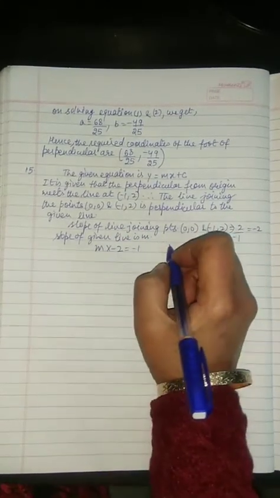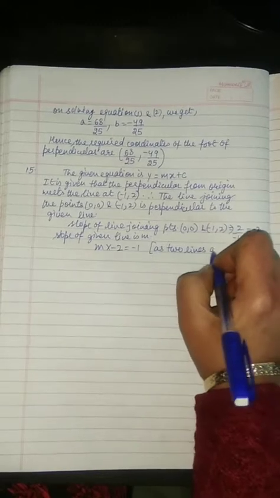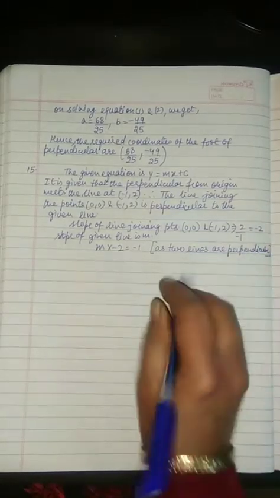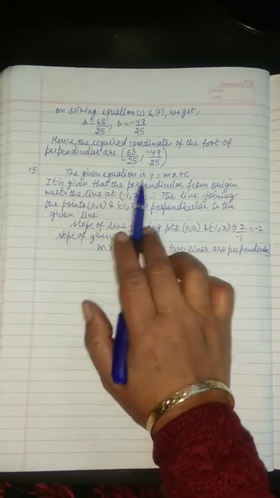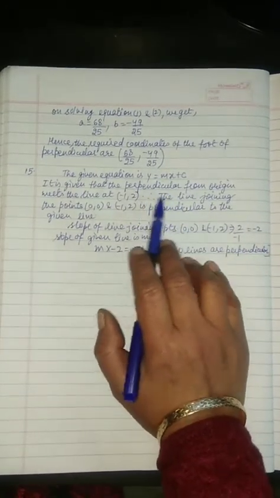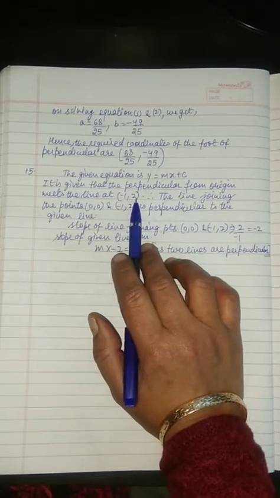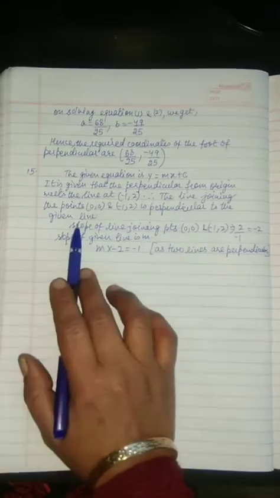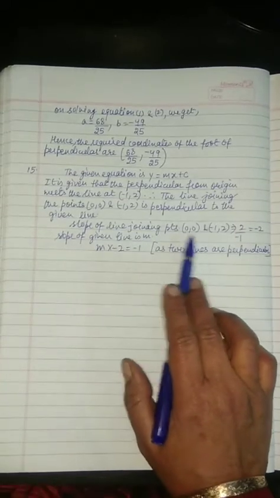So we will multiply both the slopes, that is m into minus 2 is equal to minus 1. Why? Because the two lines are perpendicular. The slope of one line is m, because the given equation is y is equal to mx plus c, and the line joining the points 0, 0 and minus 1, 2 is perpendicular to the given line.